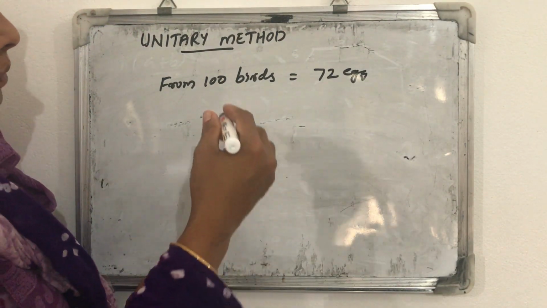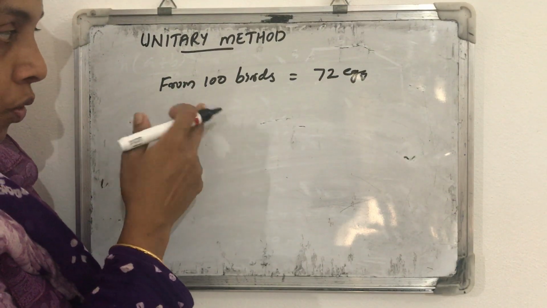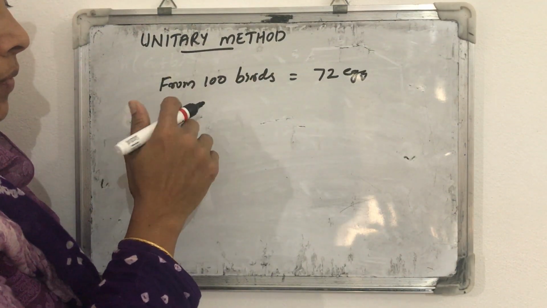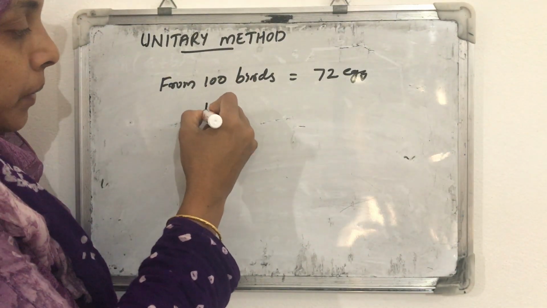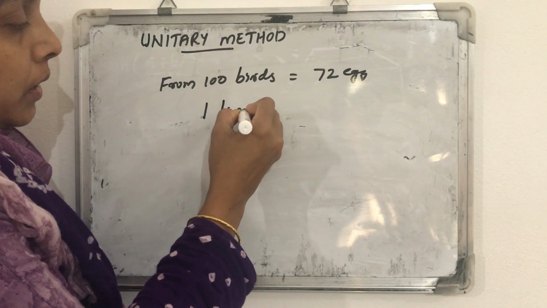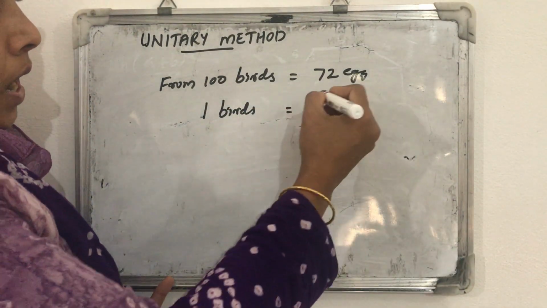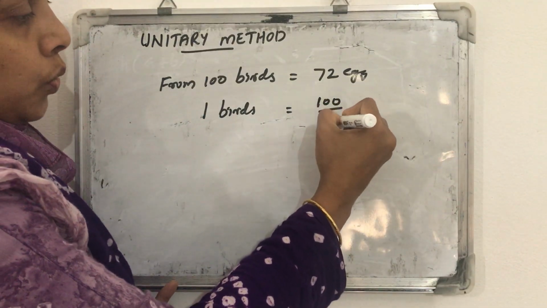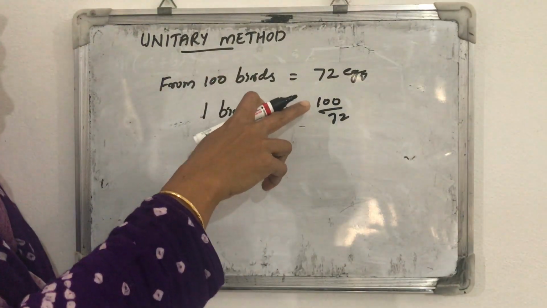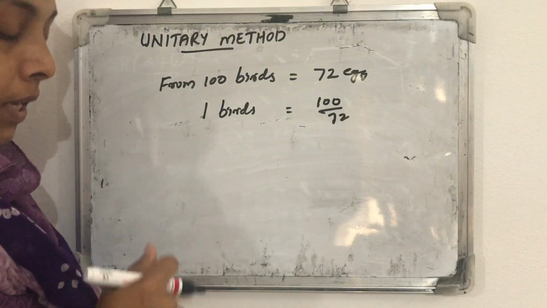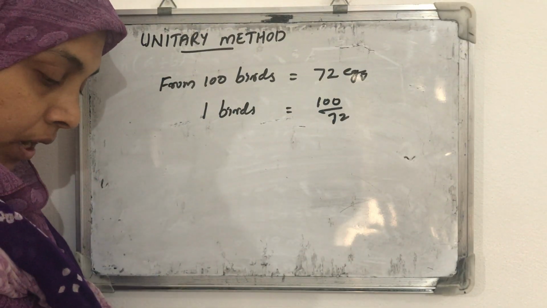So for one bird, if it is 72 eggs for 100 birds, the number of eggs we will get from one bird will be 72 by 100. Then the required number is asked here.